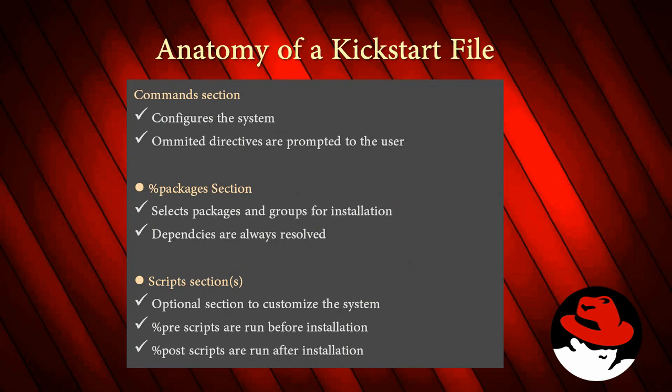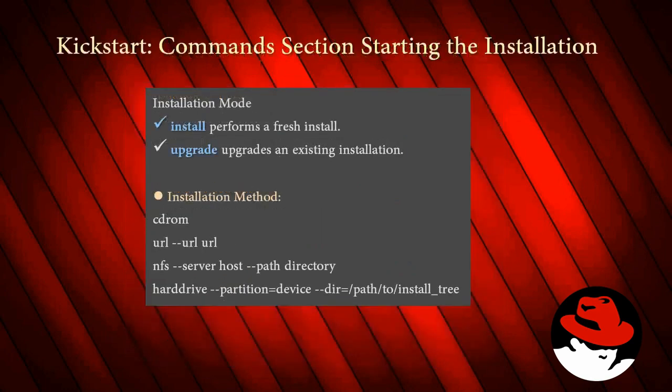The package section selects the packages and groups for installation. It checks the dependencies, which are always resolved. The script section contains the options to customize the system. It has pre and post options, which are the scripts that are run before and after the installation. The pre scripts are executed before installation, and the post scripts are executed after installation.